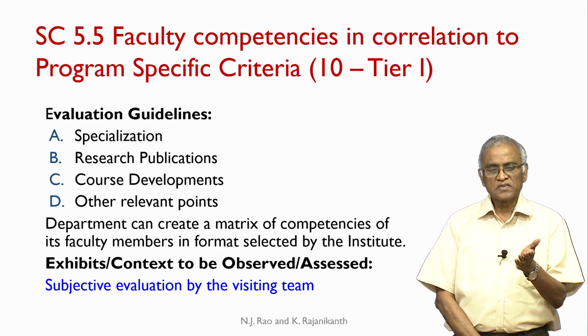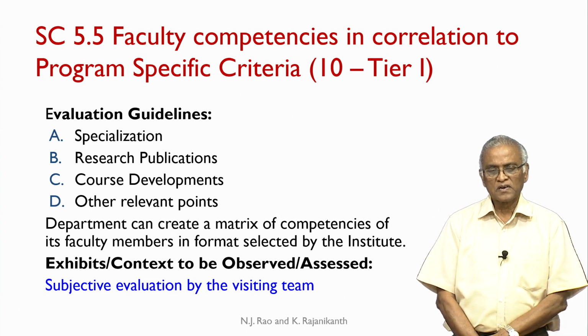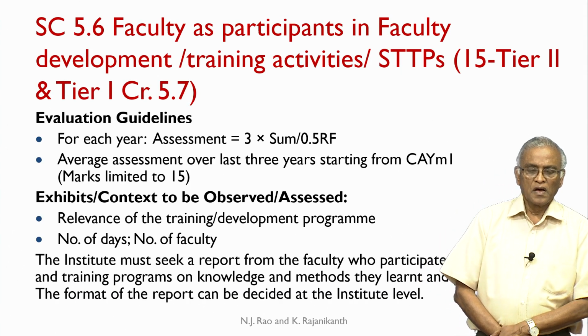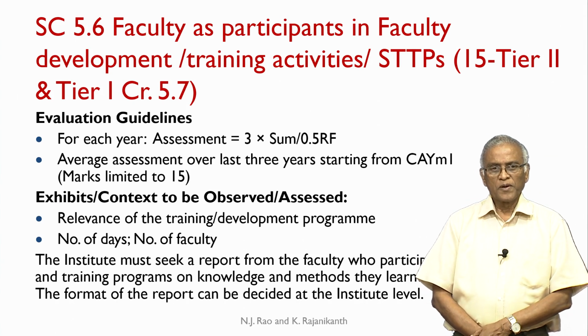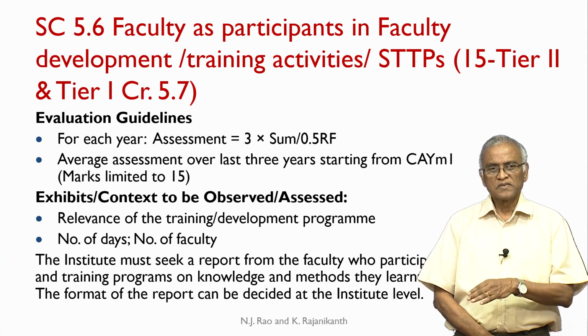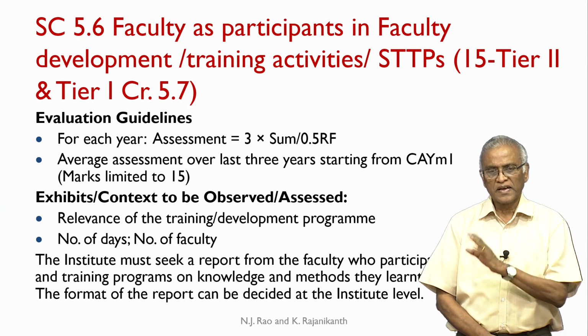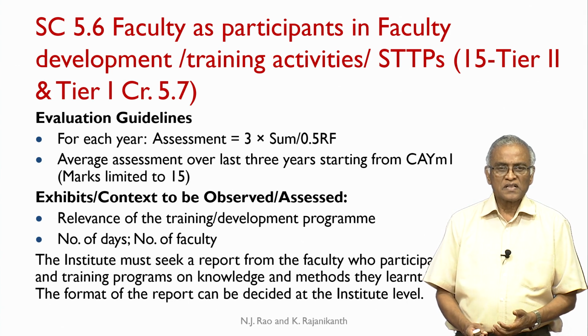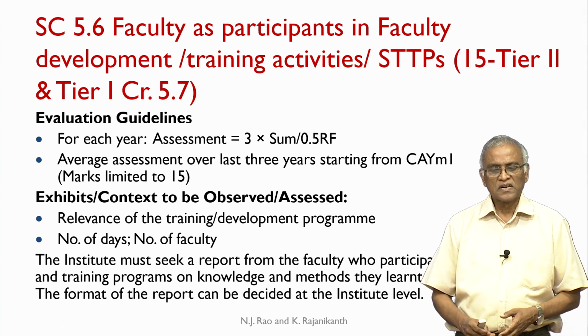institution. This subcriterion does not exist for tier 2 institution. Now 5.6: faculty as participants in faculty development and training activities and STTPs, because more than anything else faculty have to continuously learn themselves.